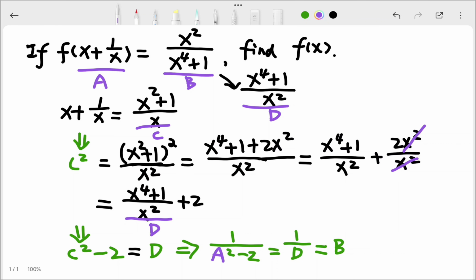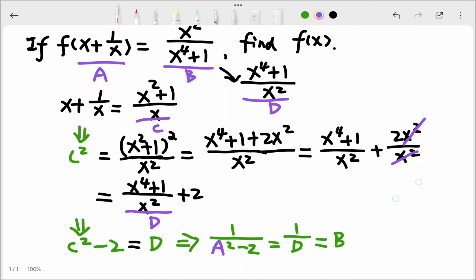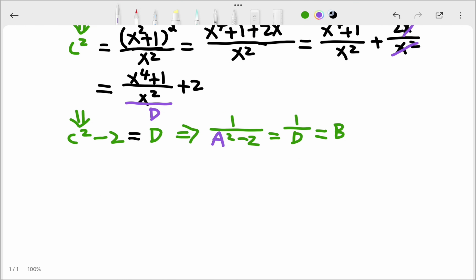Okay, let me scroll this a little bit. Therefore, we can write the answer to this question, f(x), where x is the variable. To get b, we need to replace a with the variable x minus 2. Voila.